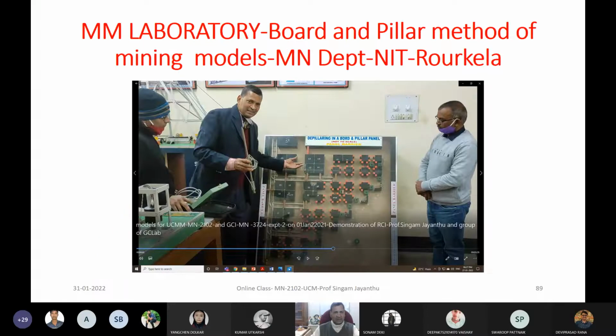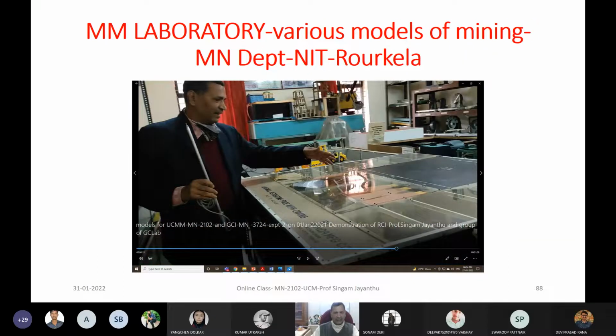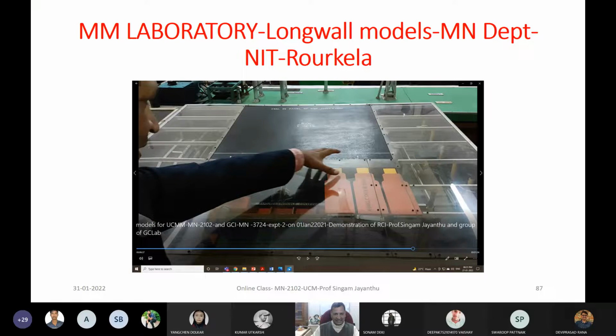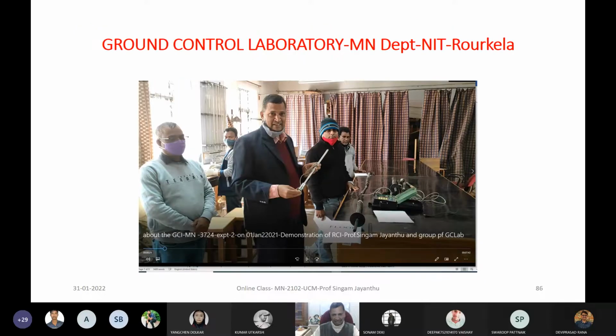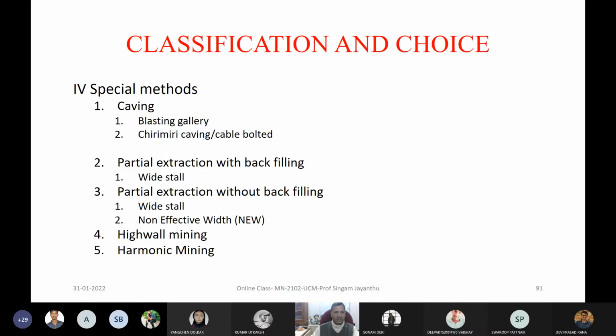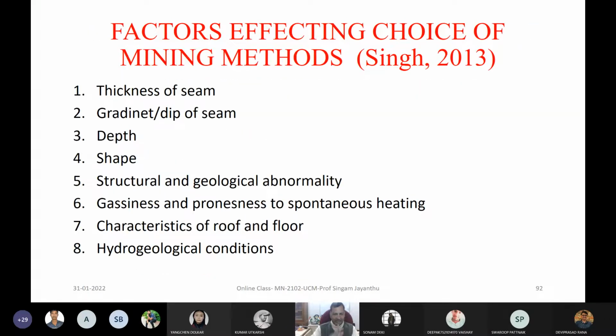I also showed you in details the going through the models what we have, board and pillar or long wall, all those things in the previous class itself. I hope that must have given you. And since I am in charge for ground control laboratory, ground control instrumentation laboratory and blasting technology laboratory, those labs also I tried to show to you in the previous classes. With that background, taking you to my department, I mean our department at NIT Rourkela.